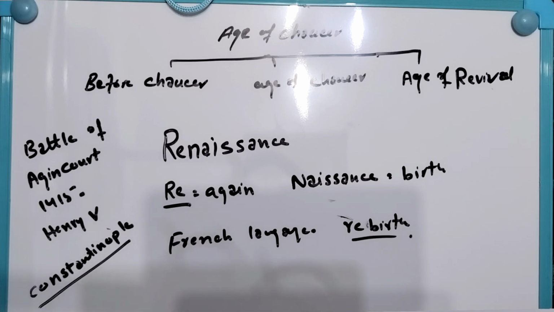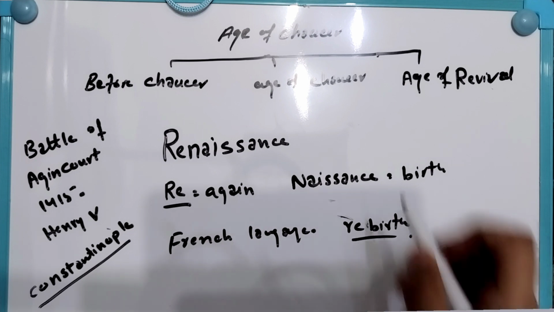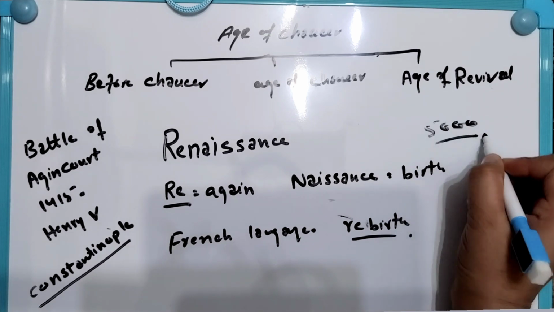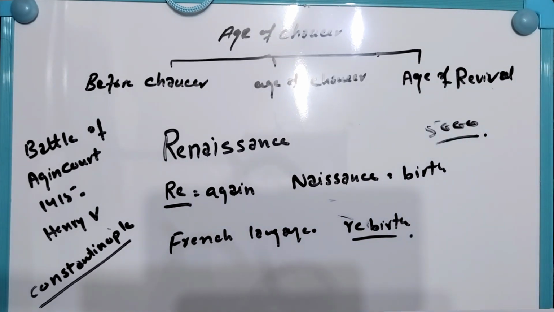Henry V led his army of just 5,000 soldiers and defeated France, which had 20,000 soldiers, so many more. With the Treaty of Troyes, the French accepted all his demands. This is basically the historical background as the 15th century started.